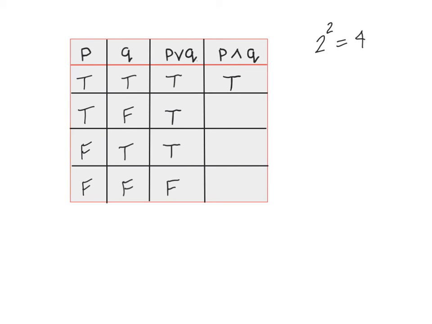Now for the and statement, the minute one of them is false, the and statement is false. So I think you can see that for the next three, P and Q is going to be false. Okay, so that's the next set of possibilities, just to look at P and Q and then look at their or statements. I'll label this up here. This is your or statement and your and statement.